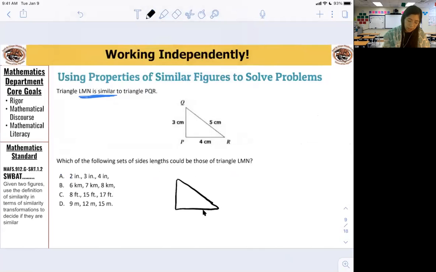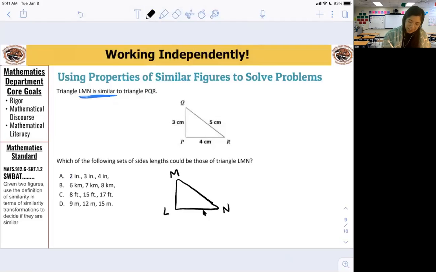So if triangle LMN is similar, let's just look at each option. I'm going to assume that those side measurements, 2, 3, and 4, correspond to the sides from smallest to biggest. Which one is the smallest side of the new triangle, LMN?